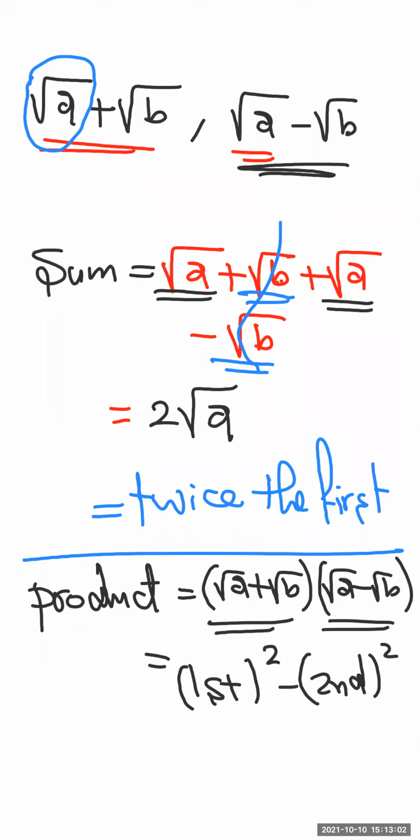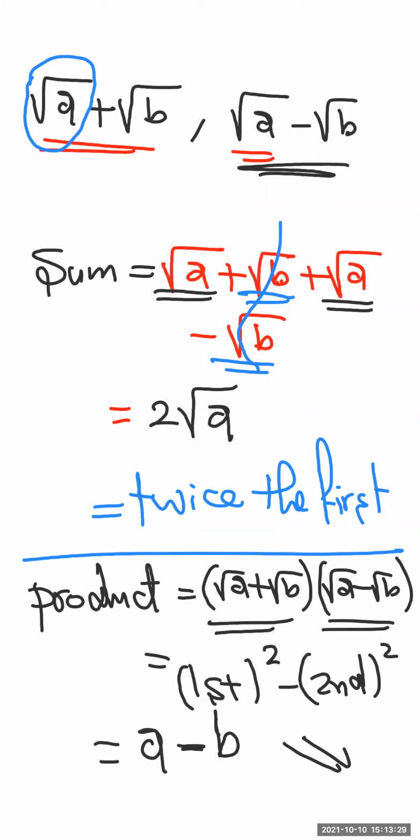So square root of a to the power 2 means a, minus square root of b to the power 2 means b. So the product equals first squared minus second squared, which means a minus b.